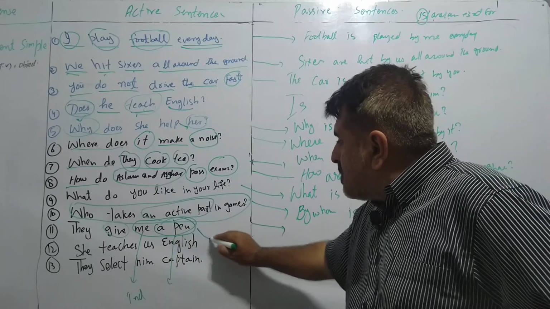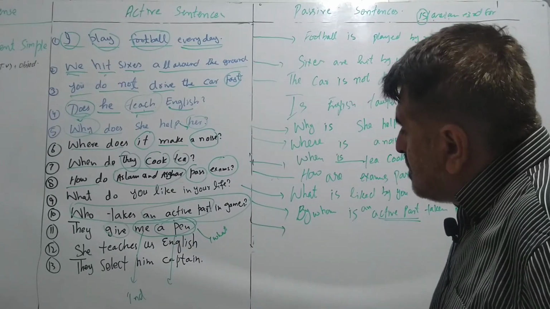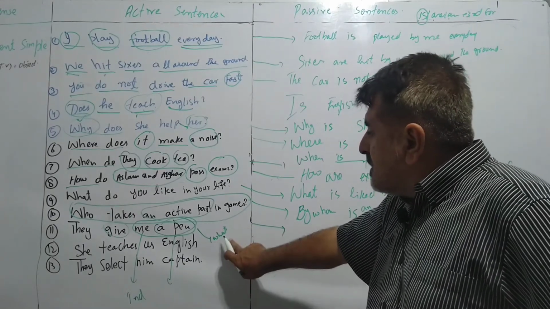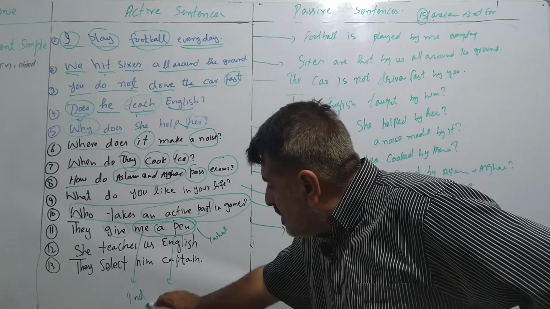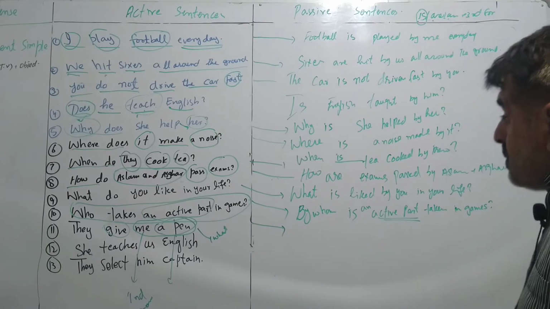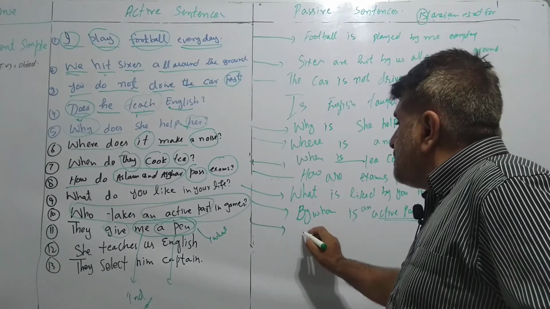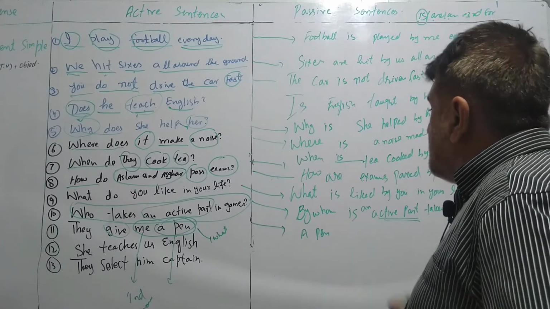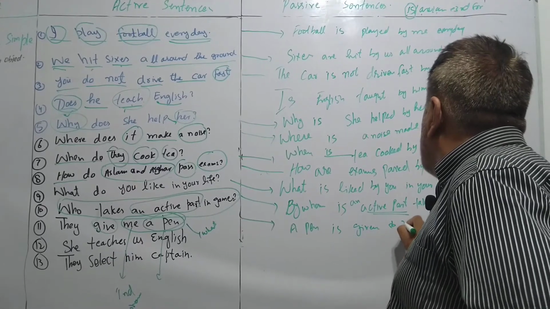What? For this part I can ask with the help of what. So this is direct, and here I should use whom. So this is the indirect object. Suppose two methods: a pen is given to me.